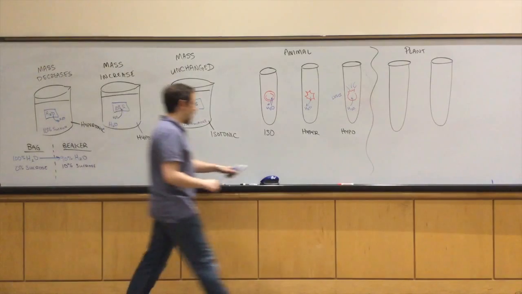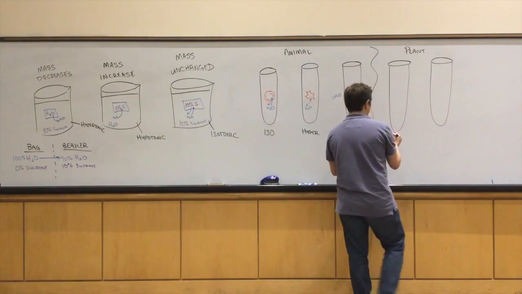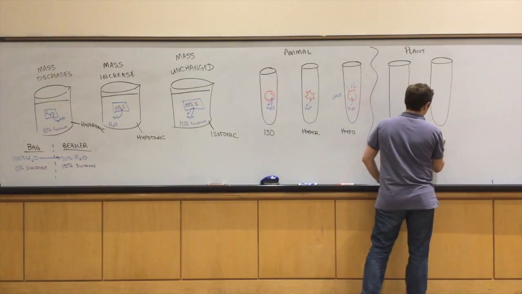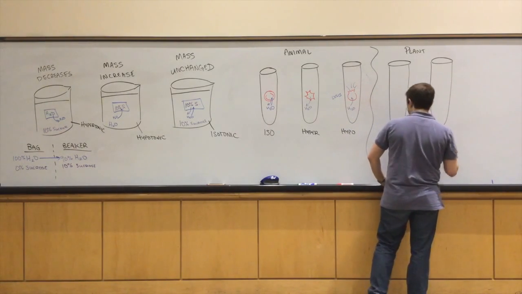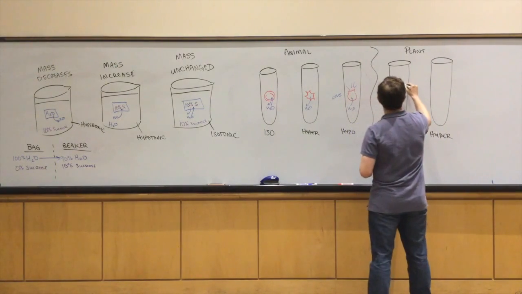Now in plants, we added them to either a hypotonic solution or a hypertonic solution. So we'll start with hypo. So I added my plant cell to a hypotonic solution.